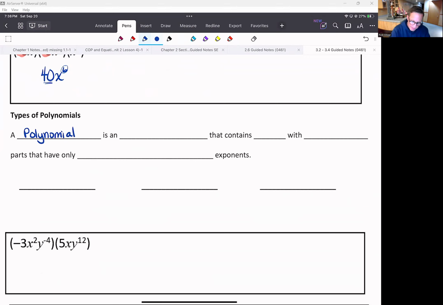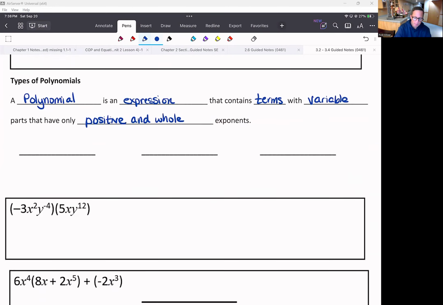A polynomial is an algebraic expression that contains terms with variable parts, like letters, unknowns, but with variable parts that have only positive, all right, and whole exponents. There are no decimals, there are no fractions, but the exponents are positive and they're whole numbers. Because you can have exponents that are fractions, believe it or not.